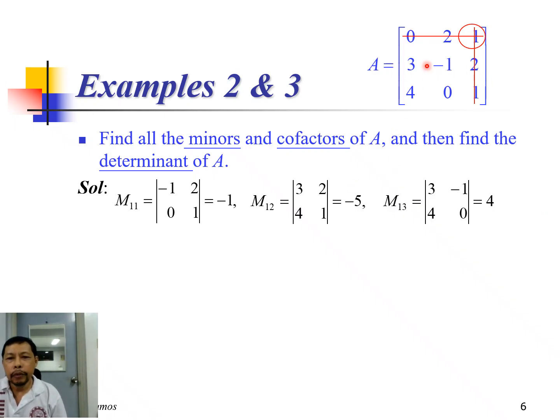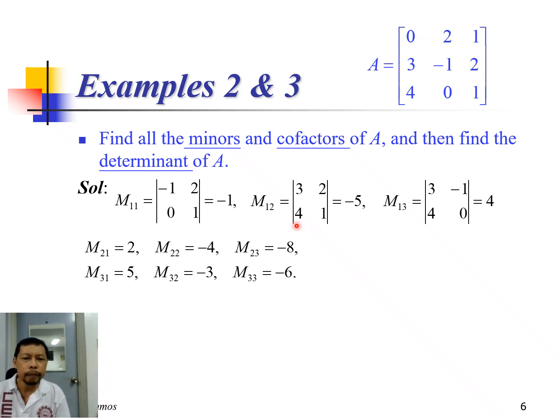Apply the same method to the remaining elements of the matrix, and that will give us the following. The minor of this element, M21, is equal to 2. The minor of this element, M22, is negative 4. The minor of this element, A23, which is M23, is negative 8, and so on.